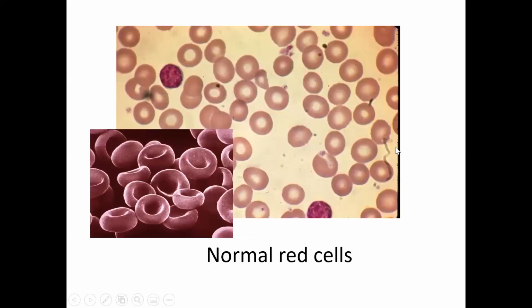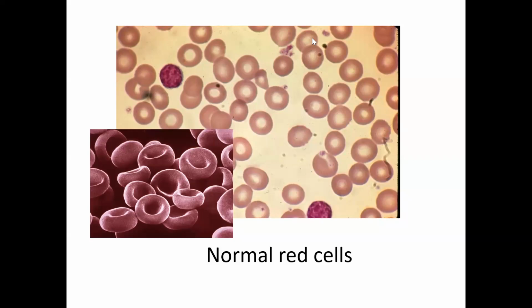Again, a reminder of the biconcave appearance of your red cells, if you were to look at them with a scanning or electron microscope, whereas here this shows you how they appear on a film that has been stained.